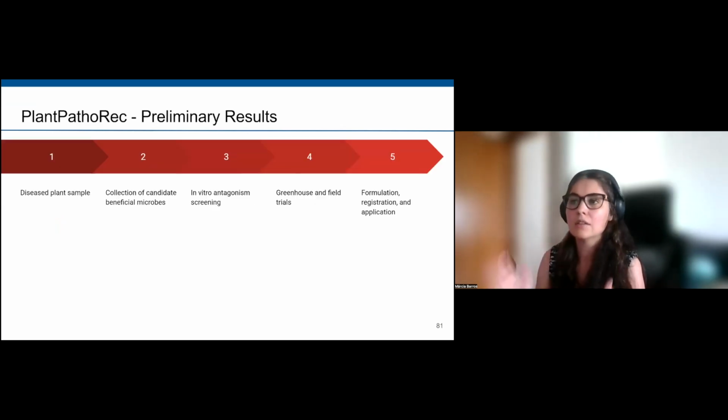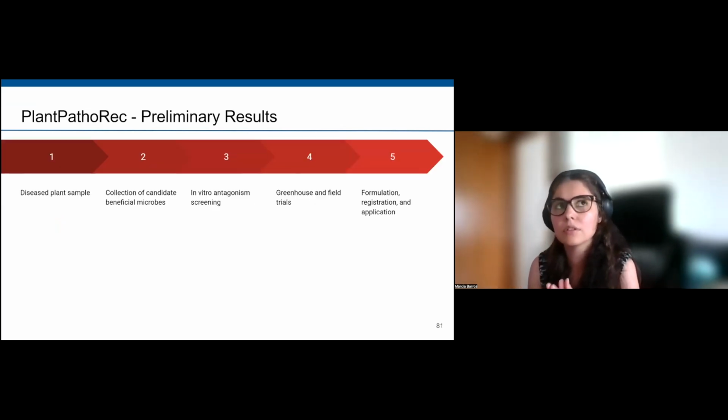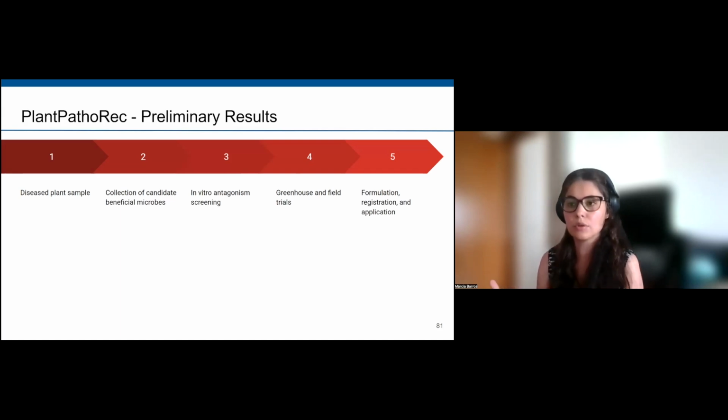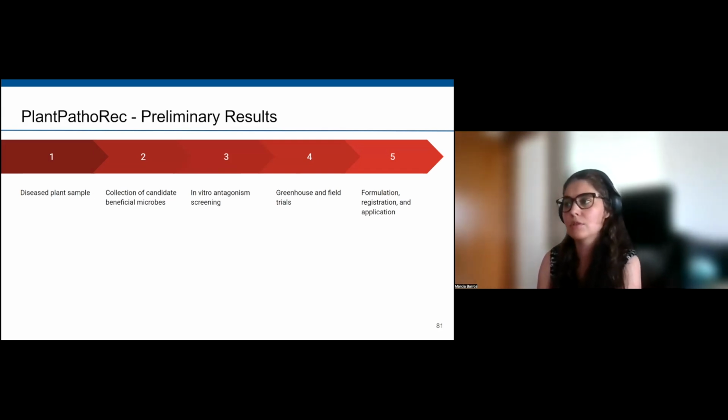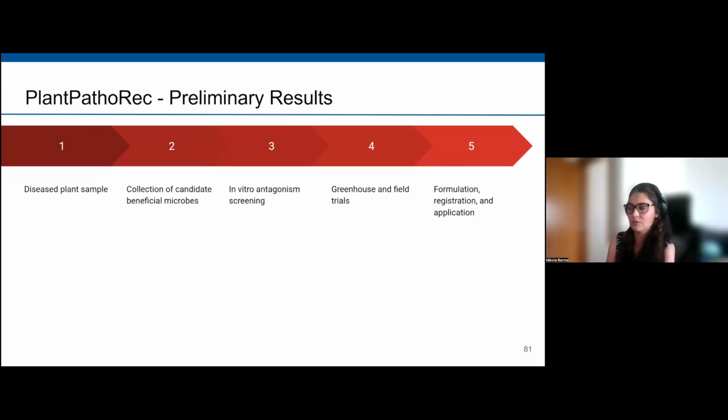This is roughly the laboratory pipeline of creating or discovering new BCAs. So we have a diseased plant sample, we have the collection of candidate beneficial microbes, and we are working here. Then we move on to in vitro antagonist screening, greenhouse and field trials, formulation, registration, and application.